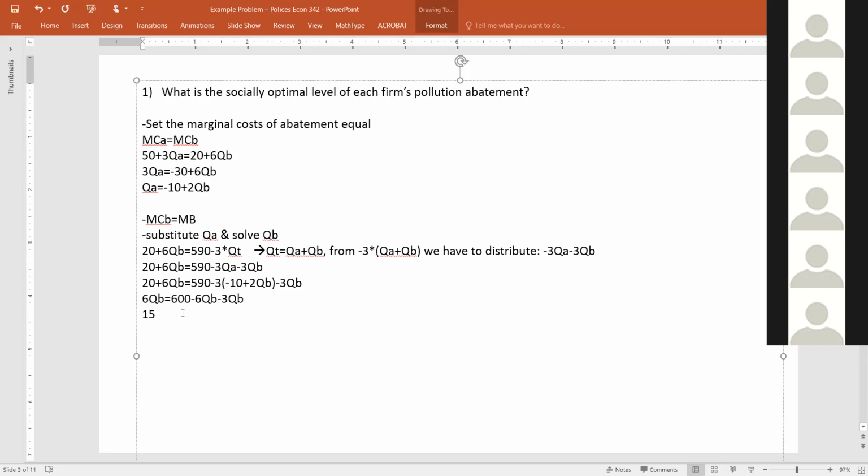So when we plug and chug with all this algebra, we should have 15 QB equals 600, and the quantity abated by firm B equals 40. So I'll let you guys take a minute on your own to go through these couple lines and see if you got the same thing. And if anyone wants to go over some of the algebra, we can do that.